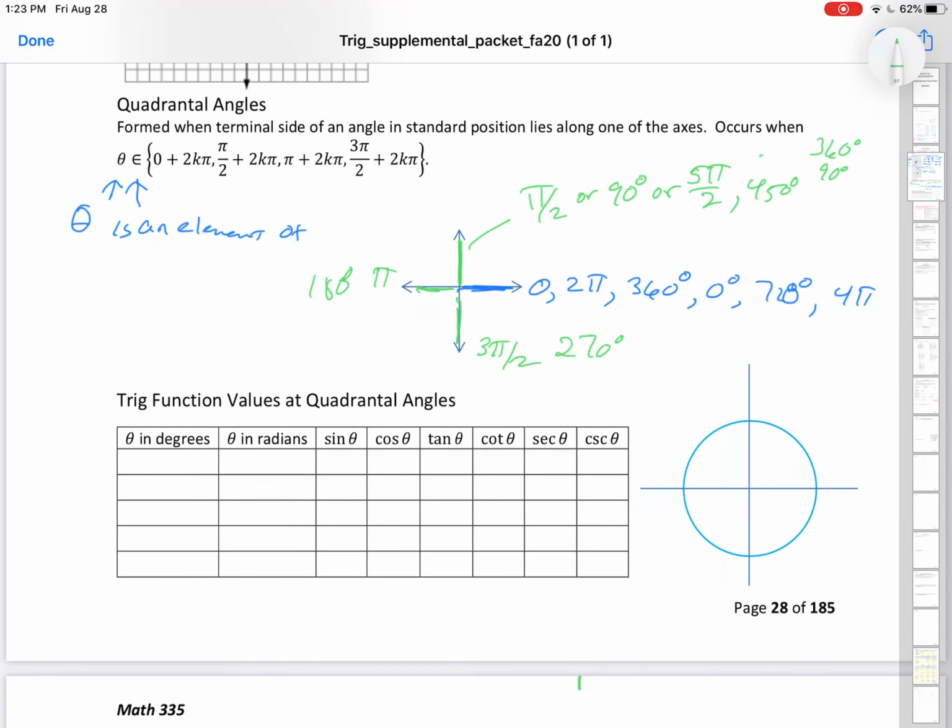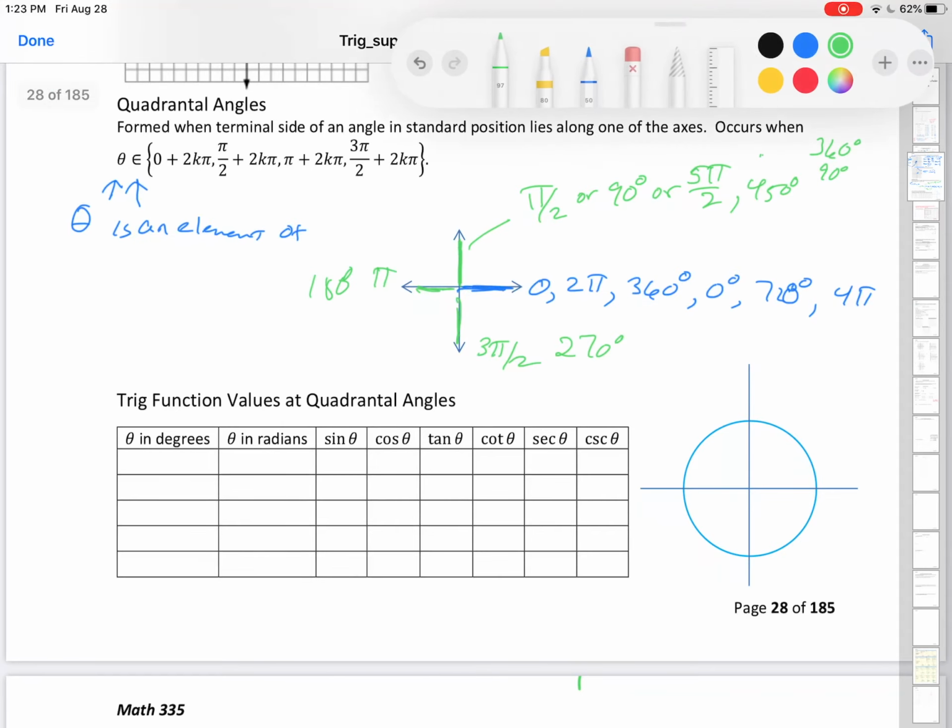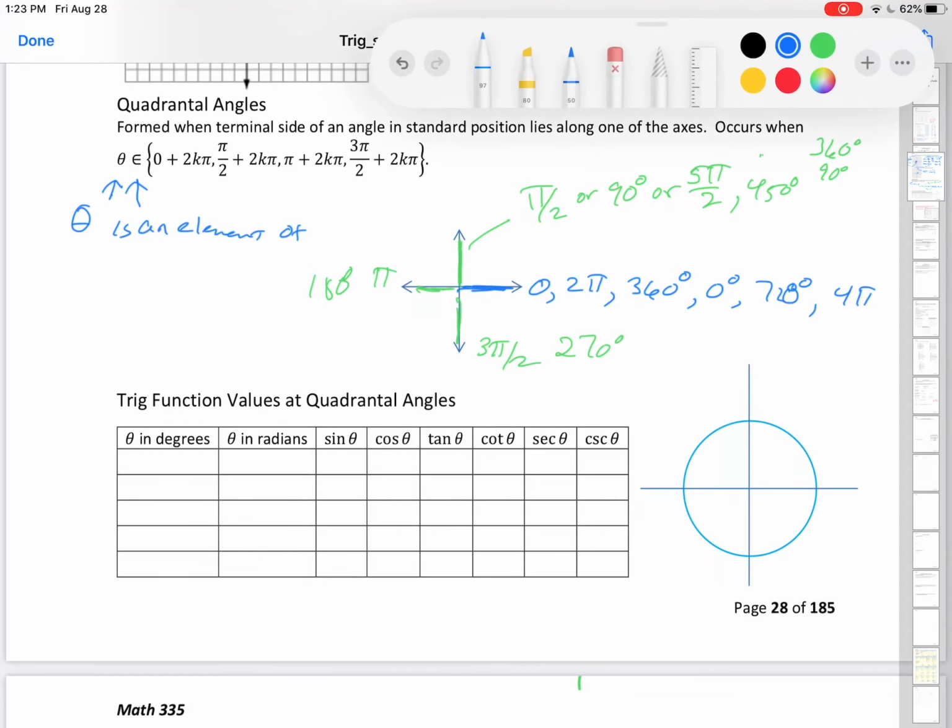I cannot stress this enough. You have to have these memorized. If you're coming to the test and saying, well, our test, he says I can use a calculator. Well, I'm only doing that because I can't enforce really a no calculator policy when you're not sitting in a classroom with me. I've caught people using calculators in Math 335 in the class and giving them zeros on the test.